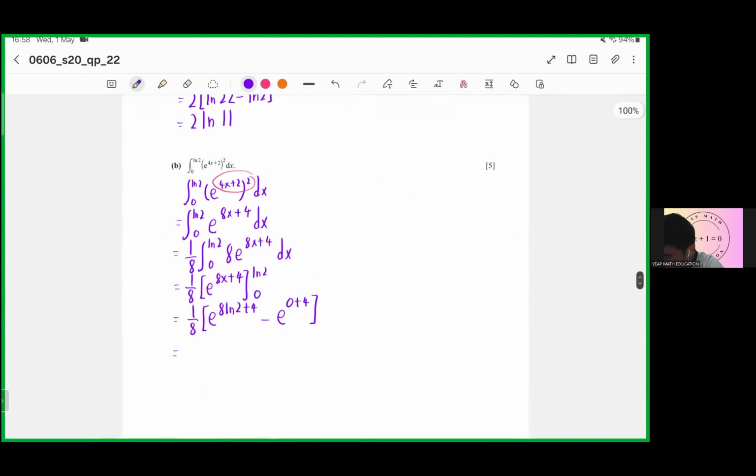Now we can write it this way: e to the power of ln 2 to the 8, we separate it, e4 minus e4.